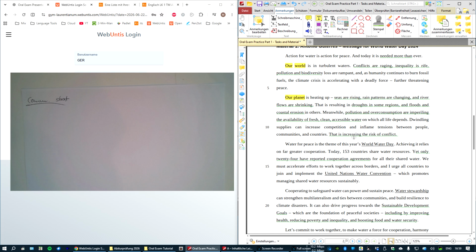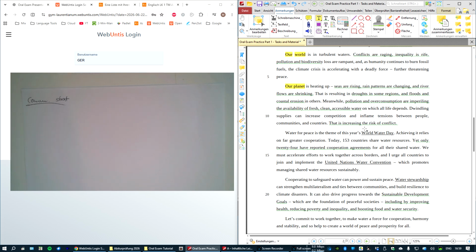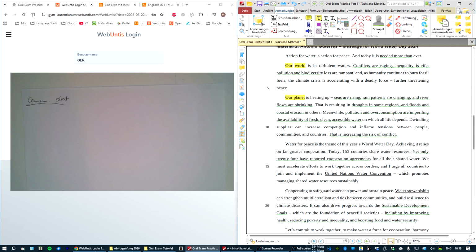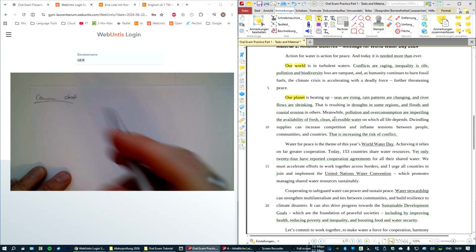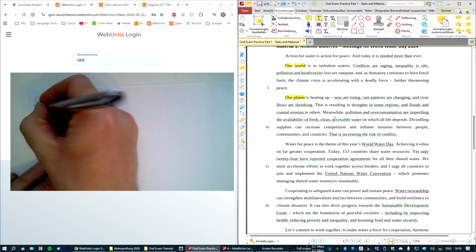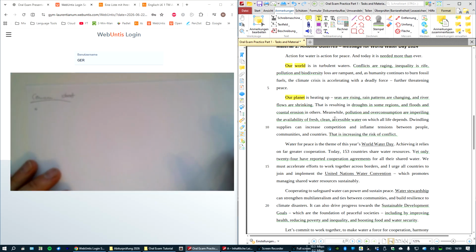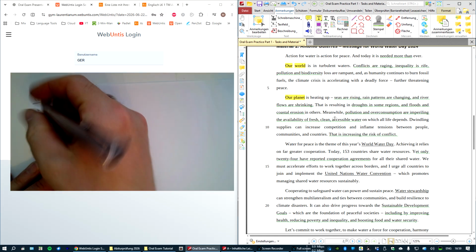In general, the first and second parts of the text is basically a contrast.